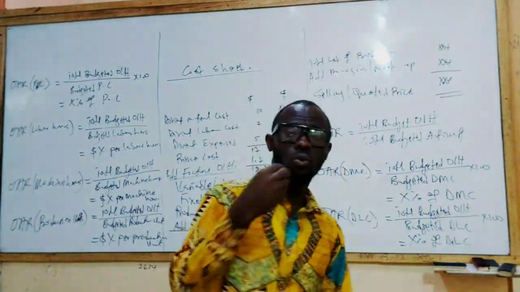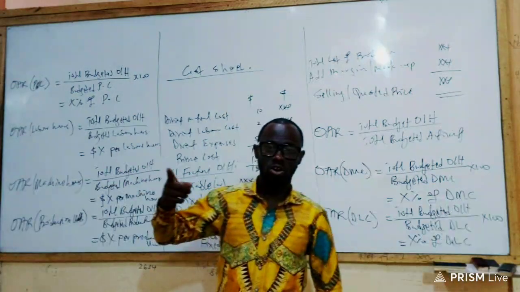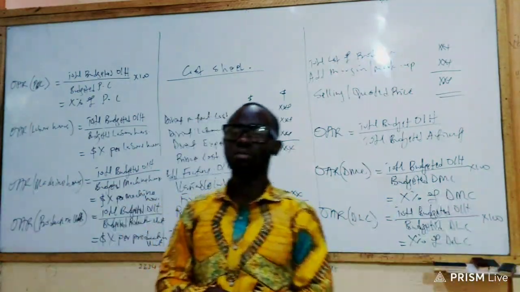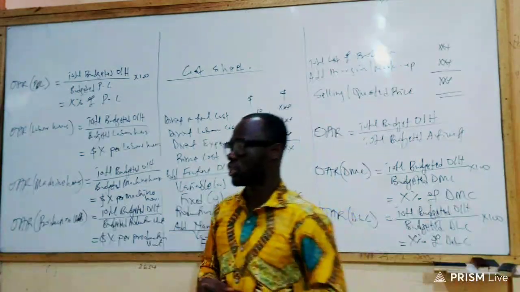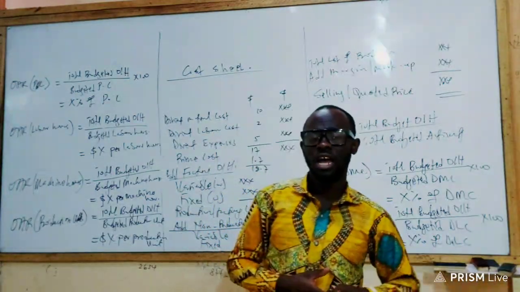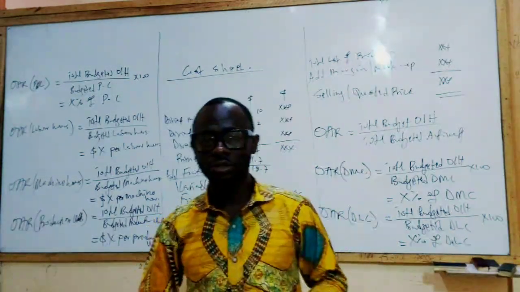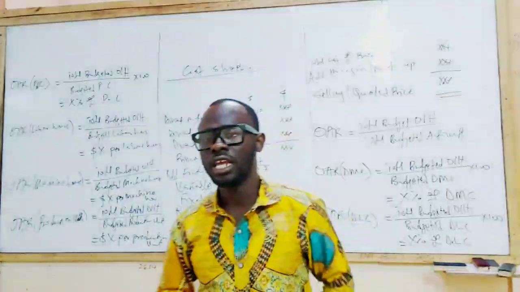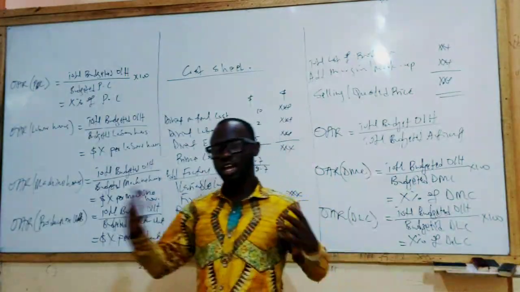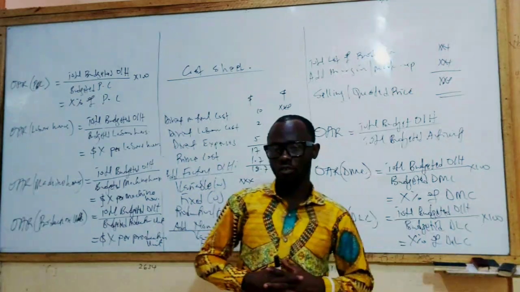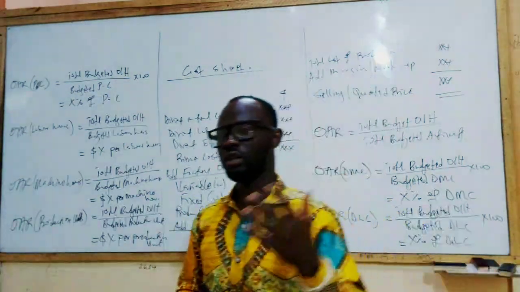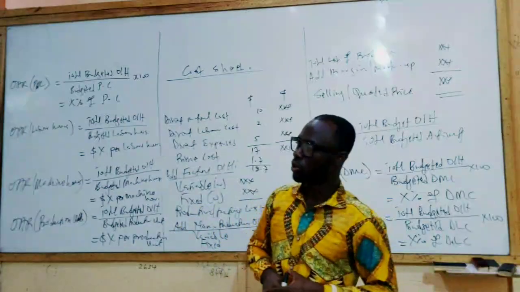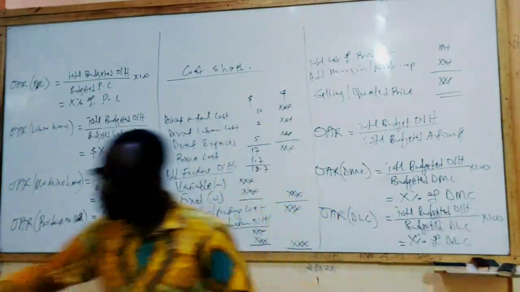But these things work best in absorption costing because that is where we are going to be absorbing the overheads. Only that when we get to activity-based costing, there will be different ways of calculating the overhead absorption rates, because we'll be using the cost drivers and then the cost pool to compute the overhead absorption rates, so that we will use that to determine how overheads will be absorbed and allocated.